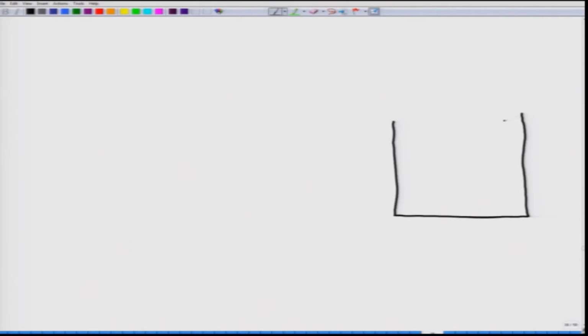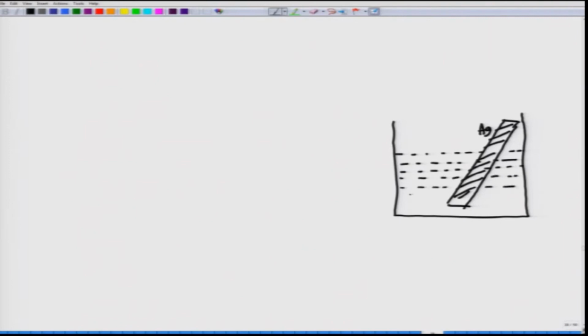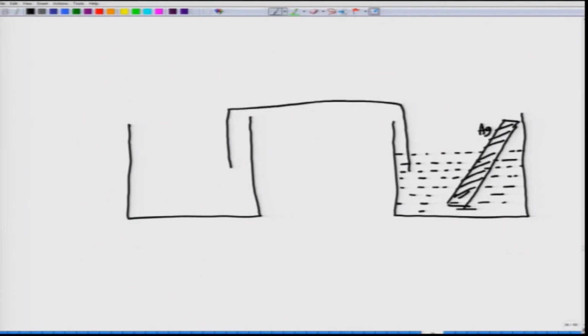Here you have the Ag electrode, the silver electrode sitting, and you have the salt bridge connected out here. I am not getting into the depth of the salt bridge anymore because we have already dealt with it in the previous 2 classes.